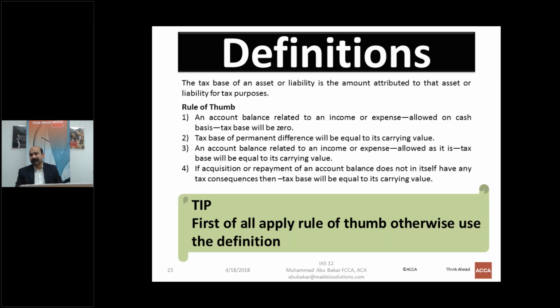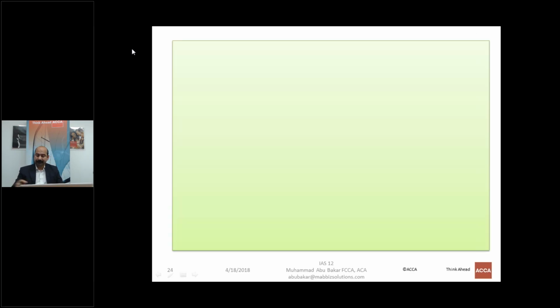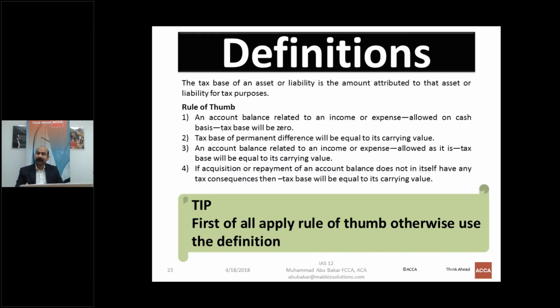As we have just seen, receivable is an asset, and the related item in the income statement is revenue. Similarly, if there is an expense in the income statement, the related liability will be accrued expense.